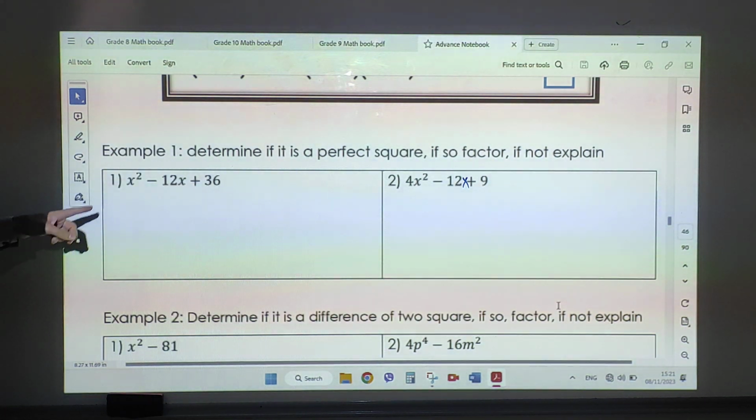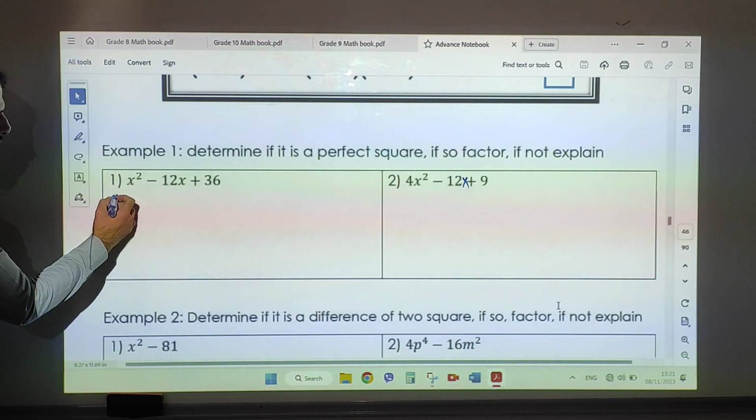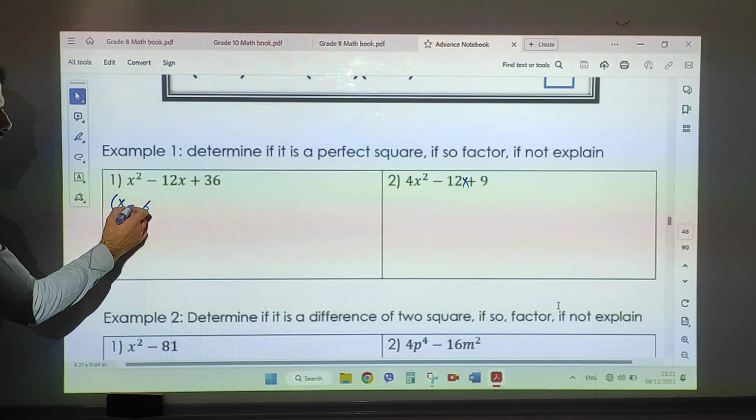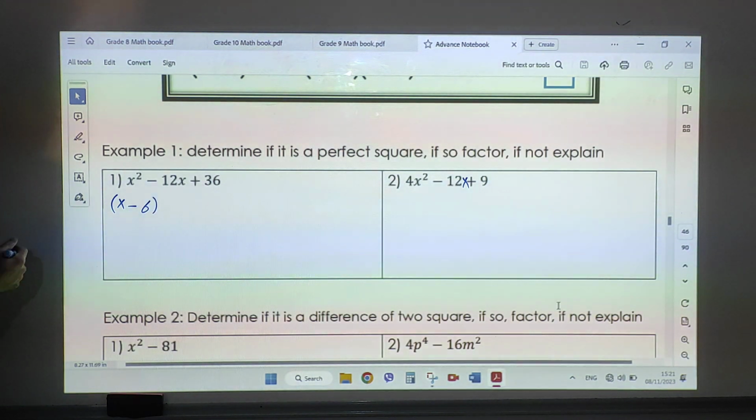Yes, it's x power 2 minus 12x plus 36. We said we think about the square root of this one, which is x, the square root of this one, which is 6, and between them must be minus. X minus 6 power 2.